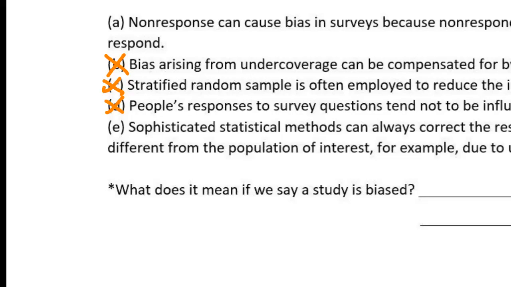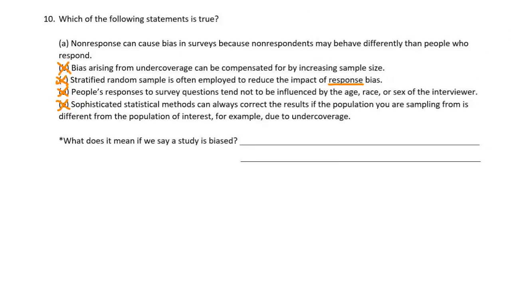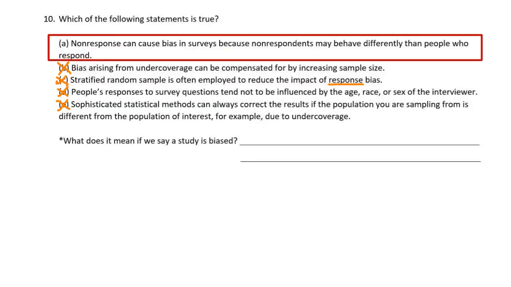Can we fix that with fancy statistical methods? No, the only way to fix a bad sample is to get a different sample. So, this is A. Non-response can cause bias in surveys because non-respondents may behave differently than people who respond.